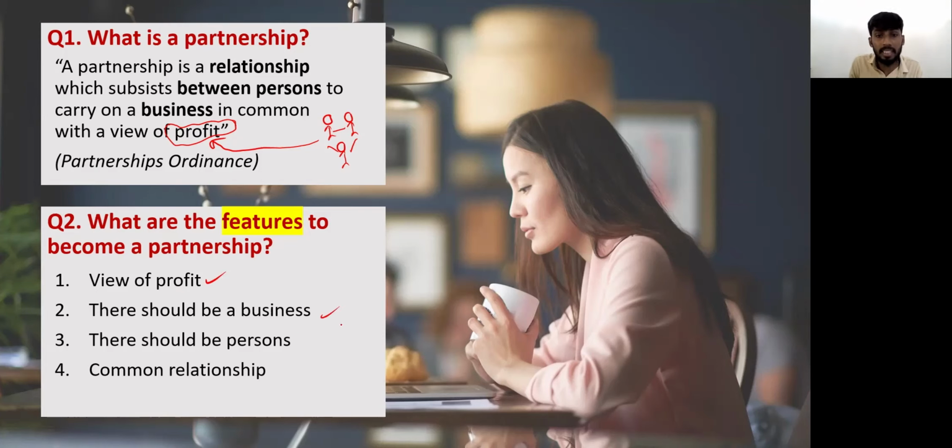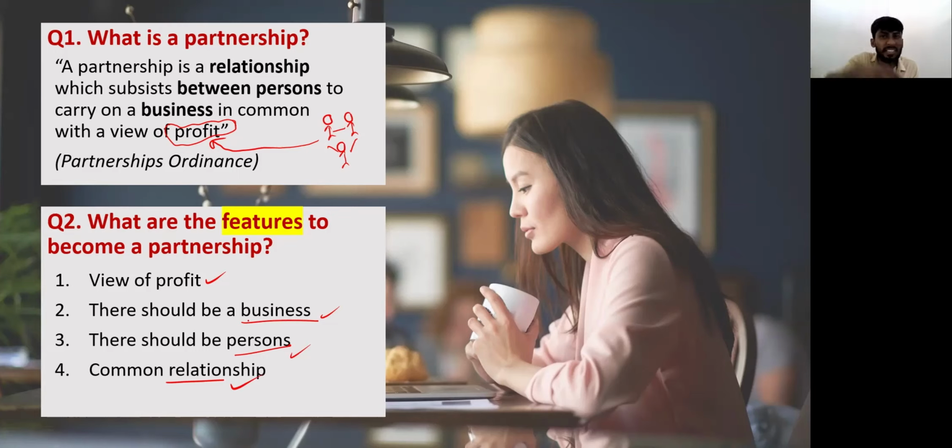And there should be a business. Without a business, just getting into an agreement will not work. There should be a business activity. And then there should be persons. As I told you, partnership is a relationship between persons, therefore there need to be persons. And then there should be a common relationship.